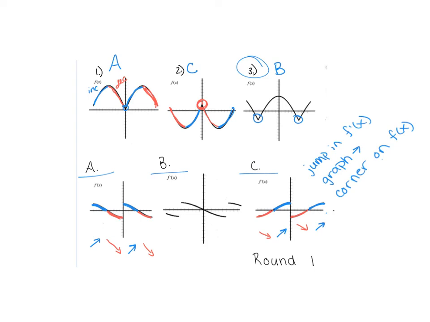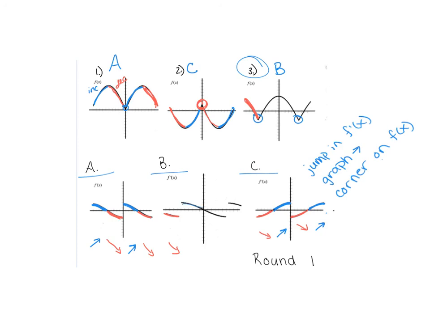Now, I'll walk through the positive and negative for derivative B and graph 3, just for the extra practice. I start on the left side. This is a negative section of the derivative. A negative section of the derivative gives me a decreasing section on the function. I already see this first section here is decreasing, so I'm feeling good about it.